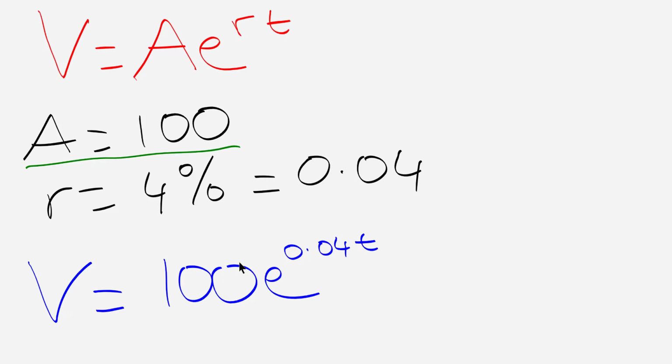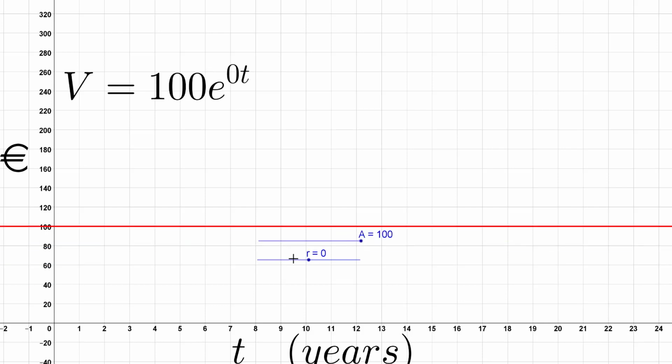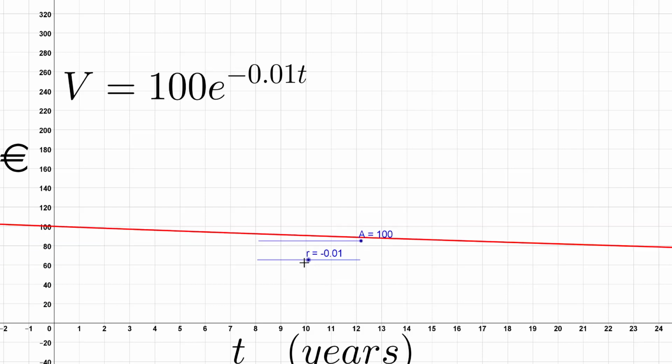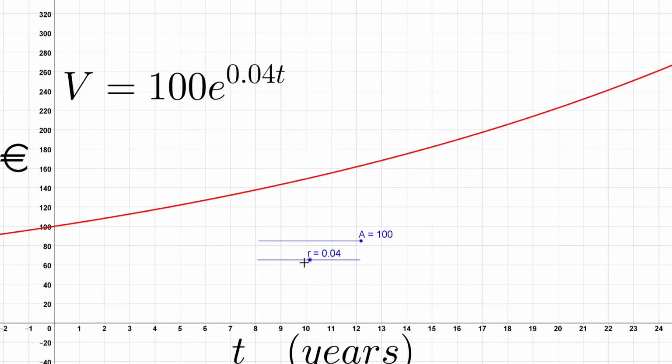So my A is 100 and my r is 0.04. So we will set our A at 100 and our r at 0.04. This is what the function looks like. We can see the initial value when t is 0 is 100, and it is growing at a rate of 4% continuously every year.